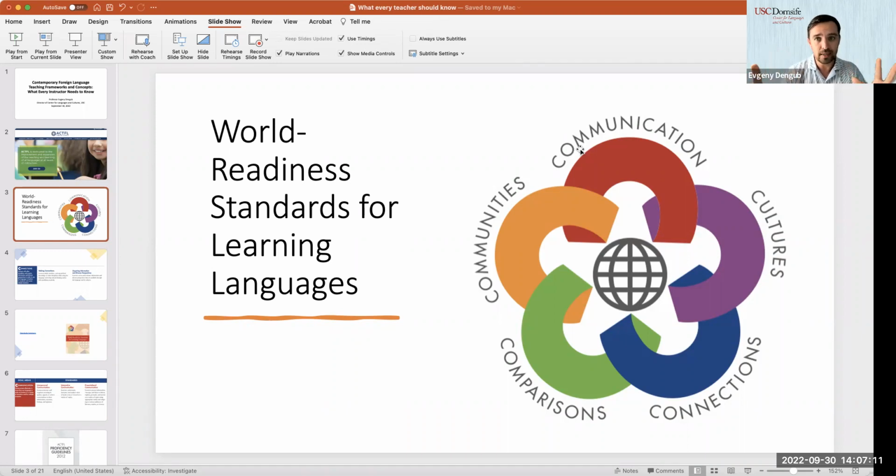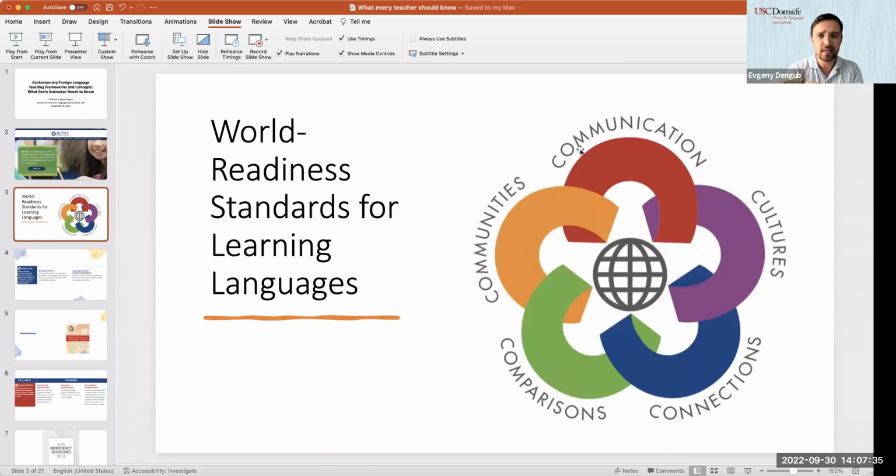And the idea here is that you see those circles that are interrelated, and they did their best to avoid the hierarchy, although communication is on top in their logo, and it's certainly one of the main things we do in the language classroom.